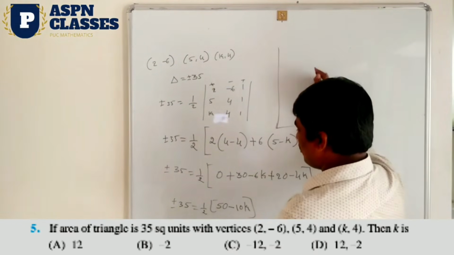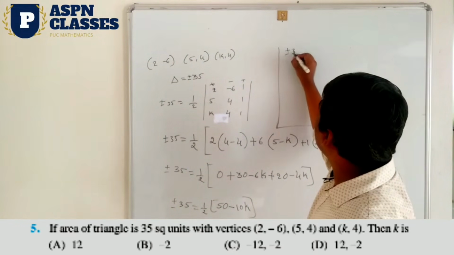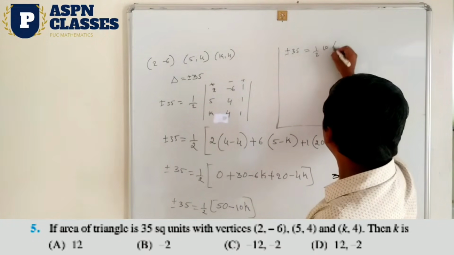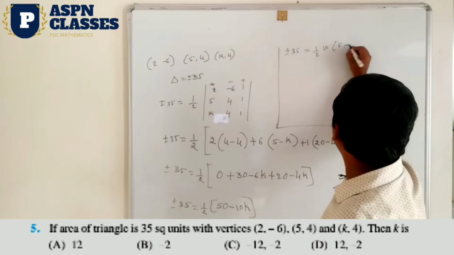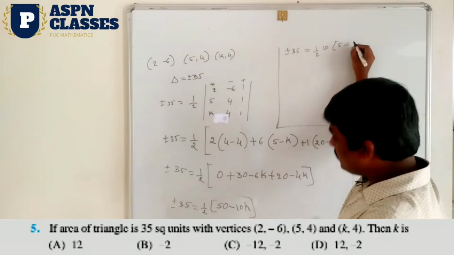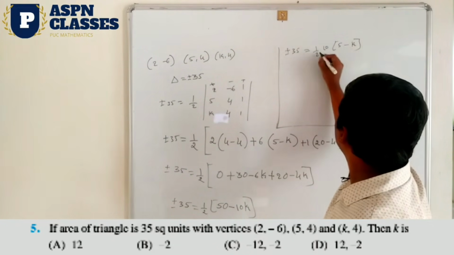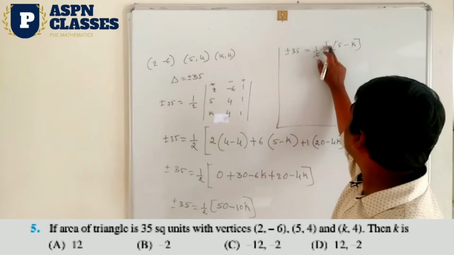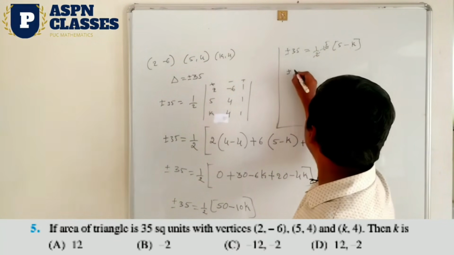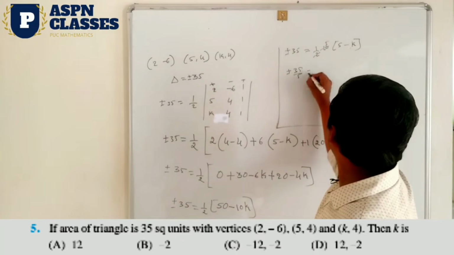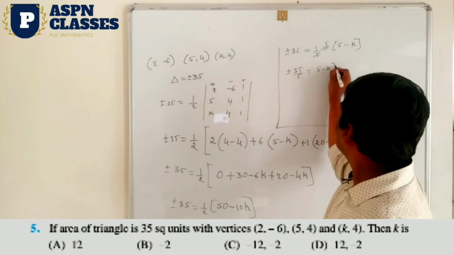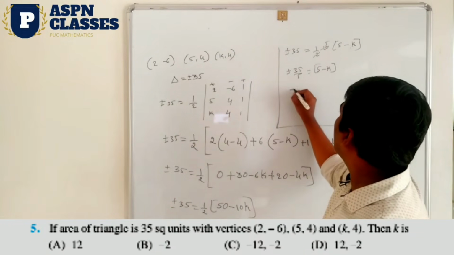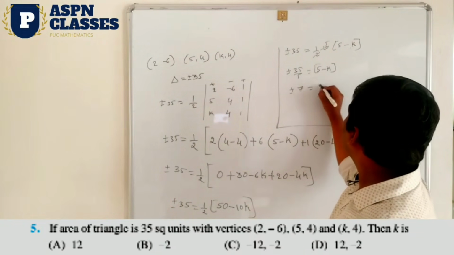I am going to take 10 common, you write here plus or minus 35, remaining 5 minus k, correct. 2 1s are 2, 2 5s are 10, again here remaining 5. So 5 is the multiplication, take out this side means divide, so 35 divided by 5, 5 minus k, correct. 5 1s are 5, 5 7s are 35, so plus or minus 7, 5 minus k.